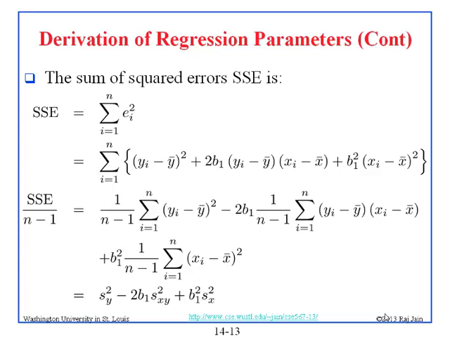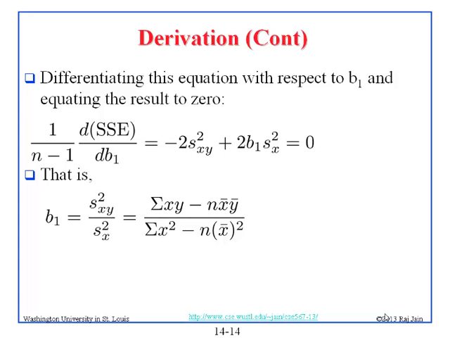This whole thing is sx squared, and this thing is the covariance s squared xy. So now I can differentiate it much easier. Now this is a simple term. So we differentiate that, and we get that b1 is simply s squared xy divided by s squared x, and so we can write down the expressions.